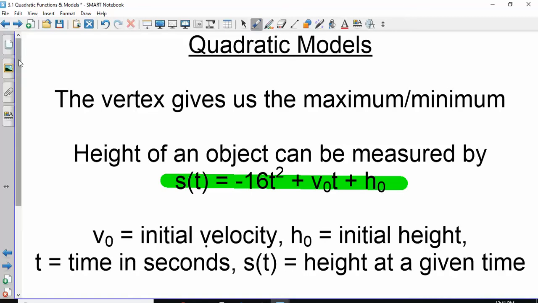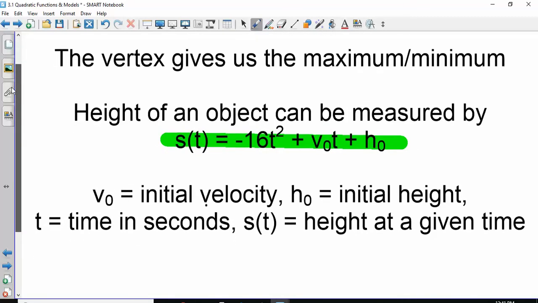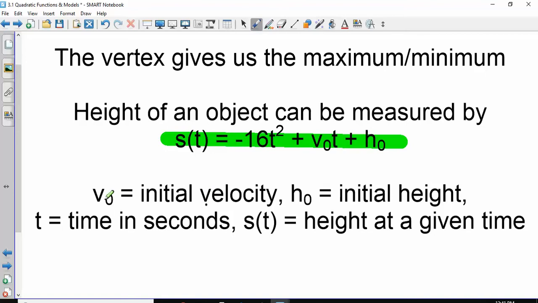It's equal to negative 16t squared plus v sub 0 t plus h sub 0. V sub 0 is beginning velocity, like velocity at time 0. H sub 0 is your beginning height. T is your time, and S is your height. So I think that's a box for you to fill in the blanks on your formula sheet or on your note sheet.